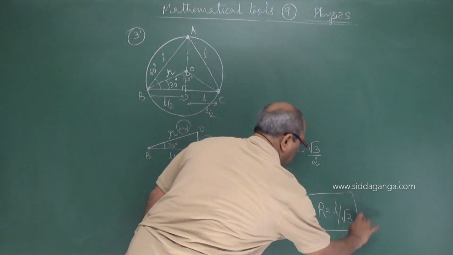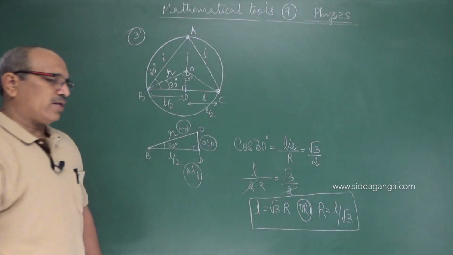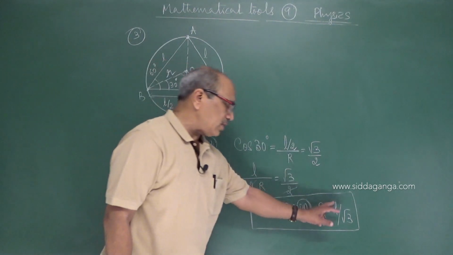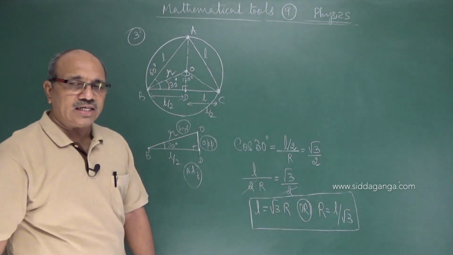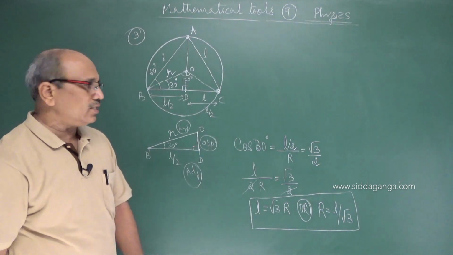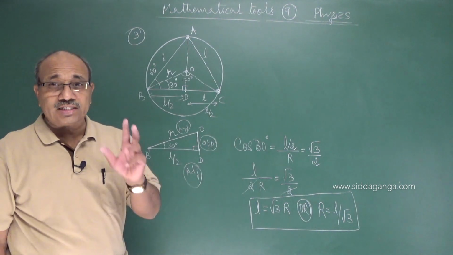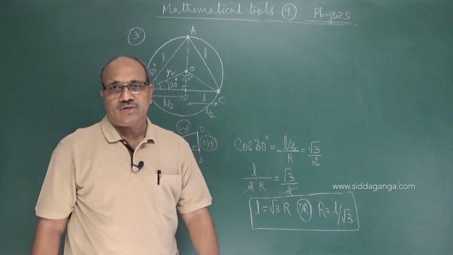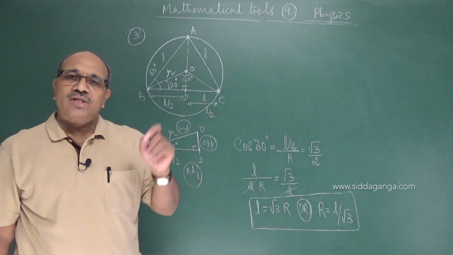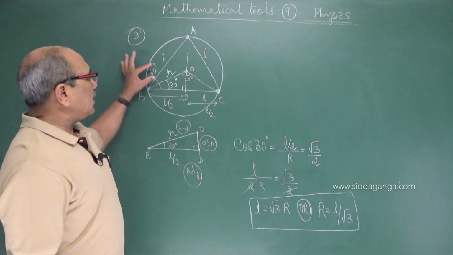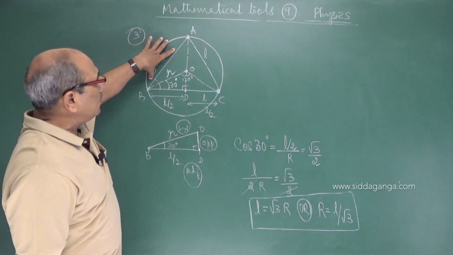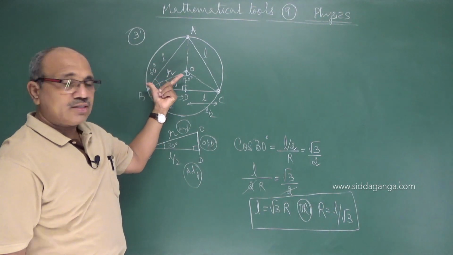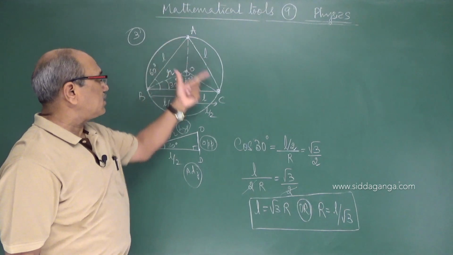So this relation is important and required. If they give R, you can find L, or if they give L, you find R. If necessary in solutions, use that relation. These three relations: center to any corner of a square, center to any corner of a cube, and the relation between the length of the triangle side and the radius of the circle, the distance from circumcenter to any apex of the triangle.